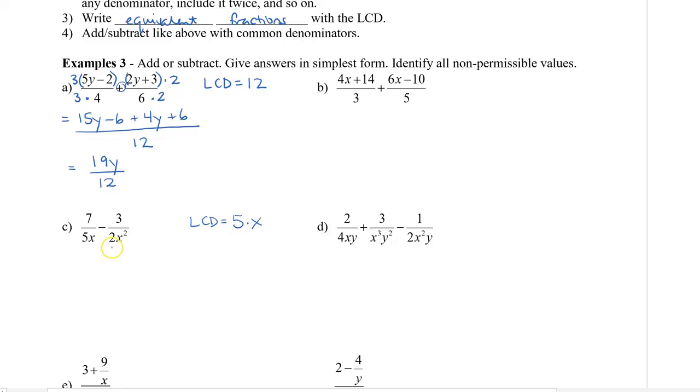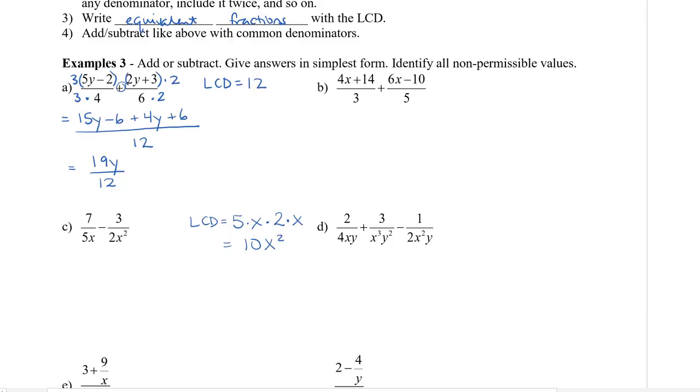When I go to the second fraction and look at the denominator, I have a 2 and an x squared. So I don't have a 2 written down in my lowest common denominator, so I need to write the 2. And then I can see that there's an x squared. I have one of the x's already, so I need another x to make it x squared. So now you can say that my lowest common denominator is 10x squared.